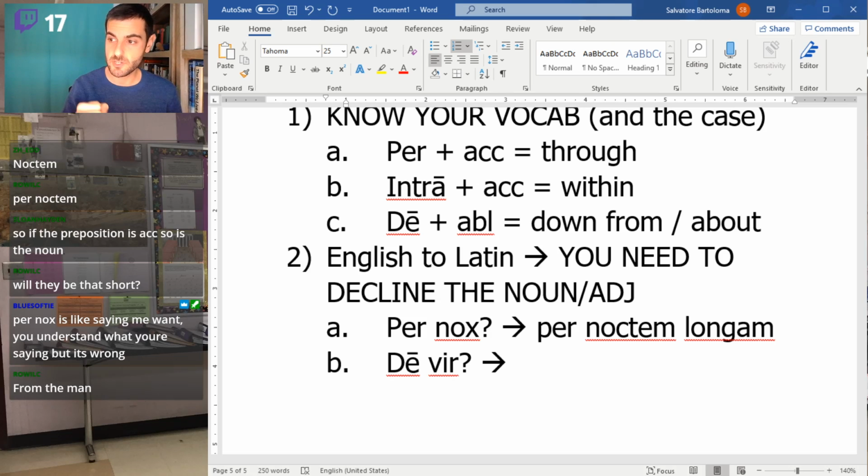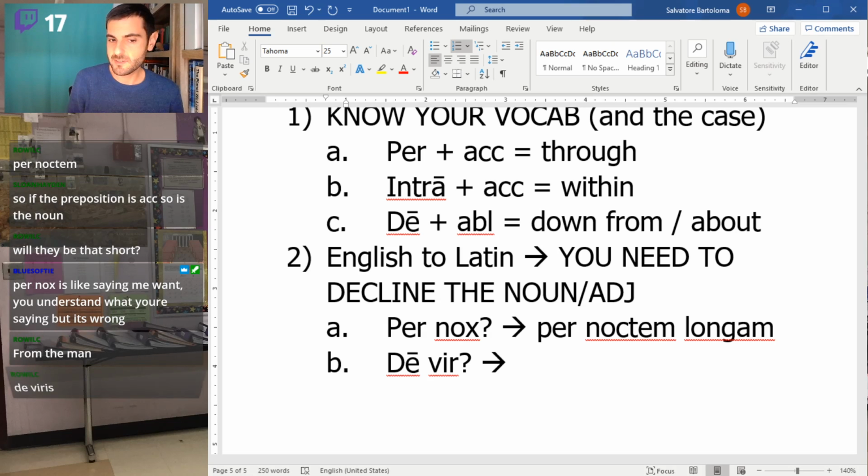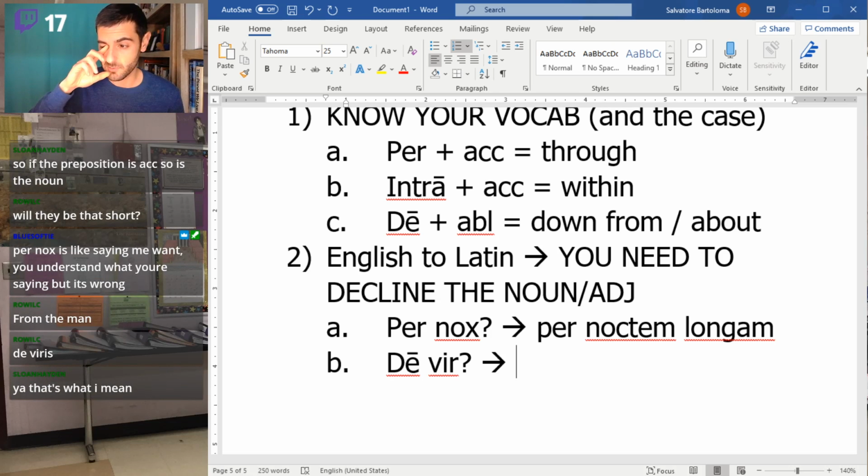The preposition is not a case. The preposition goes with a particular case. So per is always followed by the accusative case. The noun that you're going through, that word is going to be accusative.